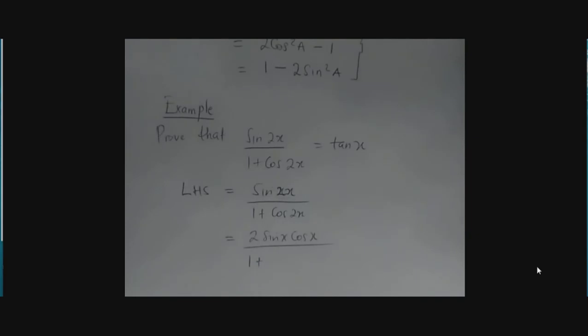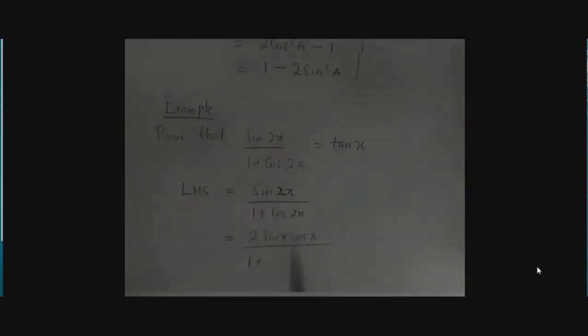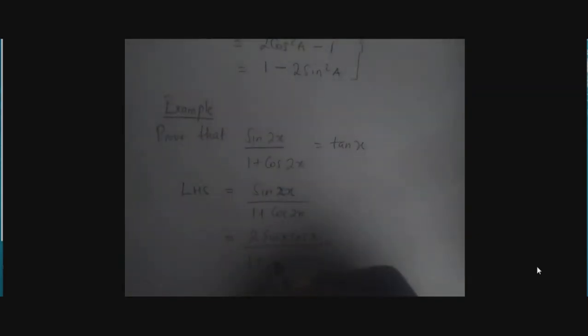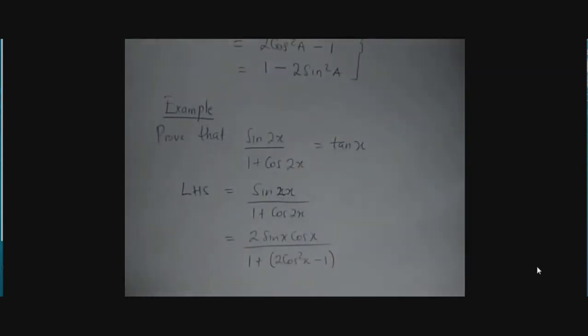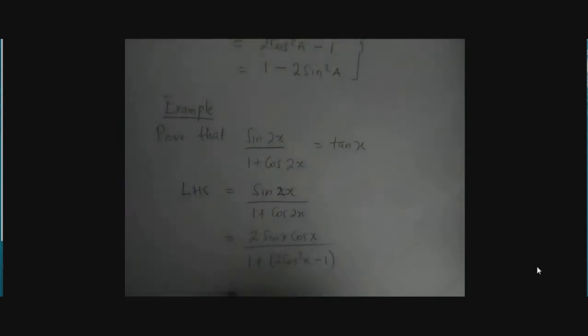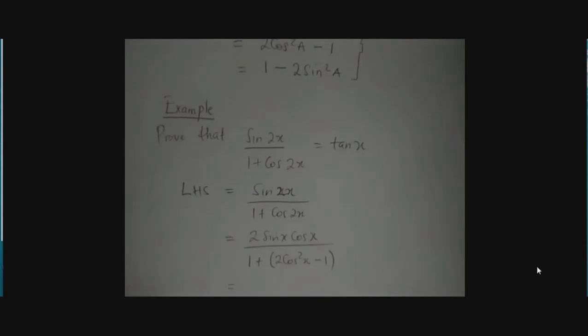So for me to have cos on the denominator, I'll change that to the cos identity, which will be, in that case, I'll put it in brackets, 2 cos squared x minus 1, something like that. Then the next thing that I have to do is to open that bracket and then collect my like terms, put like terms together.